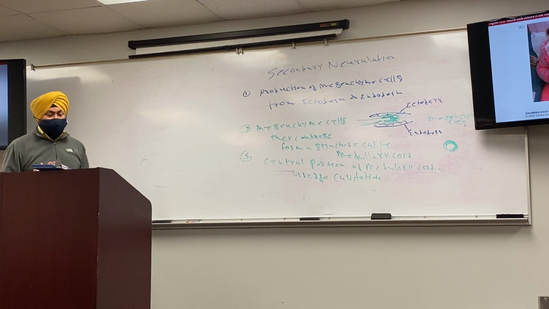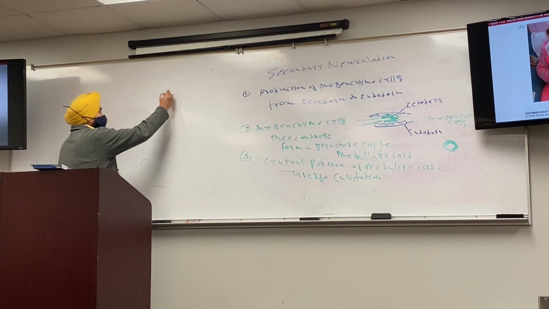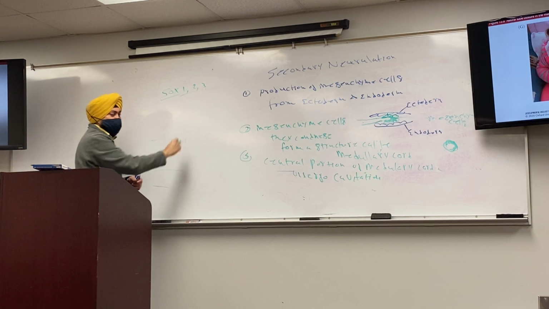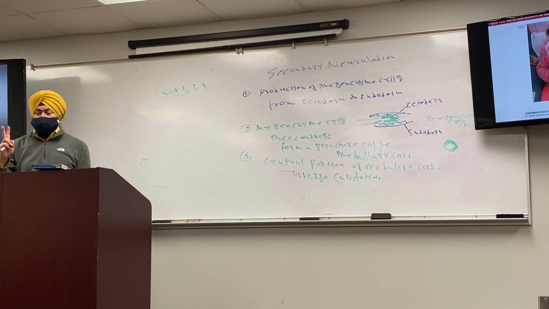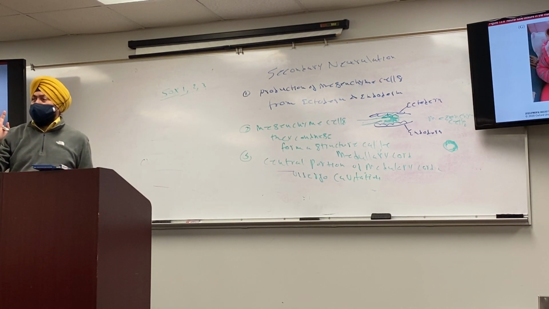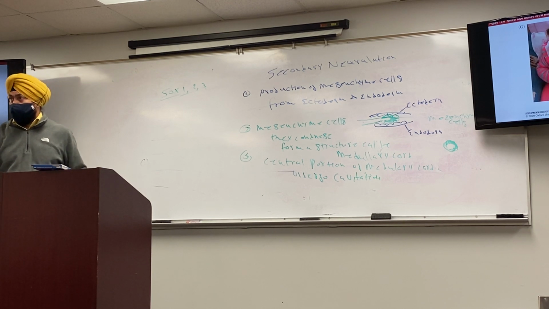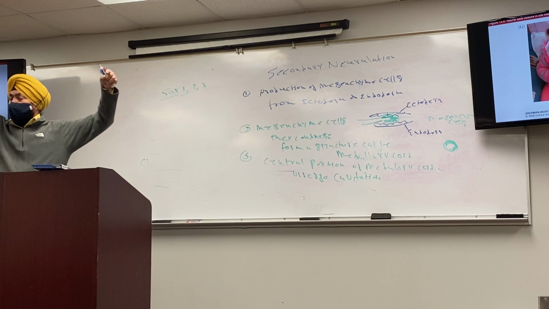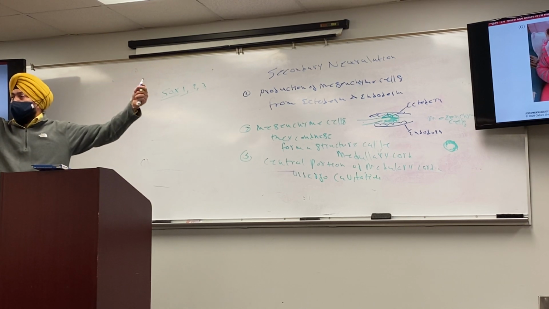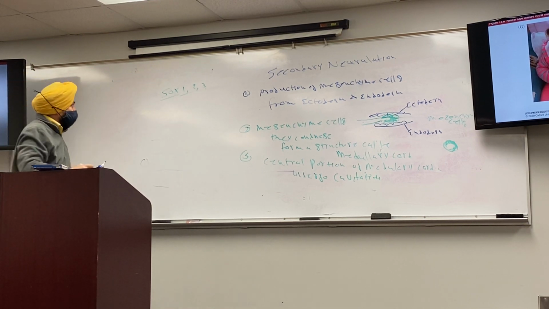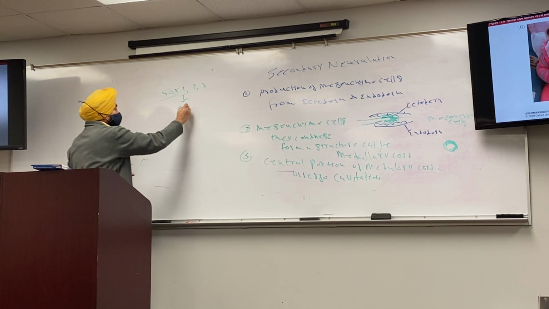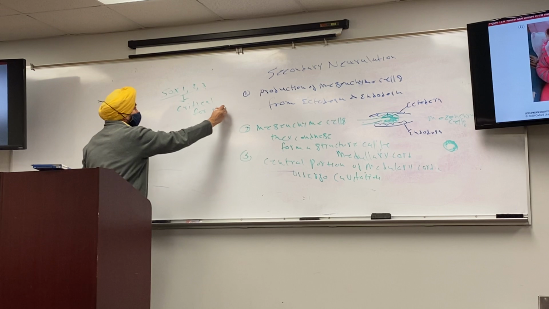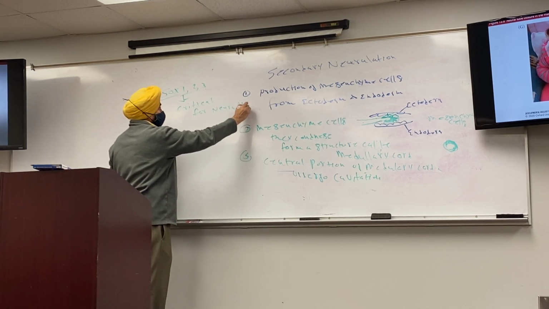Now, we said that SOX1, 2, 3, these three genes are critical for formation of the neural plate, right? That's what we said. Because you have BMP inhibitors there, then these are there. Wherever they are, they are going to form the neural plate. So these cells are critical for neural plate formation.